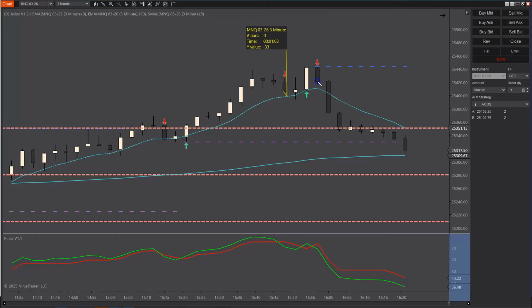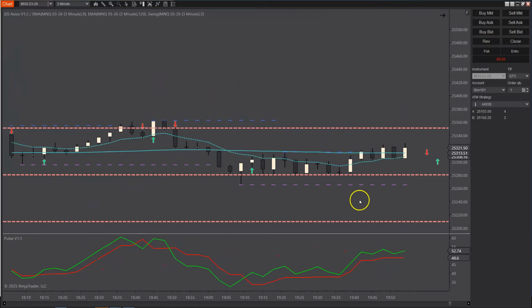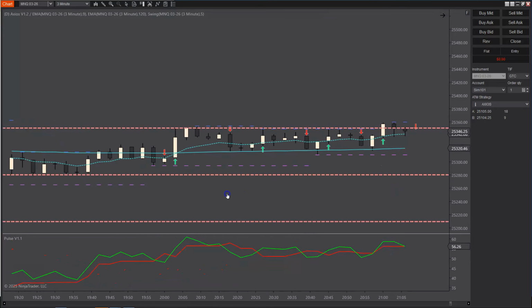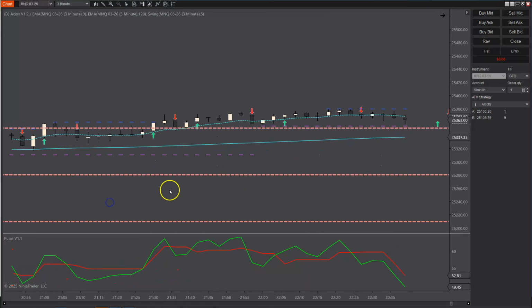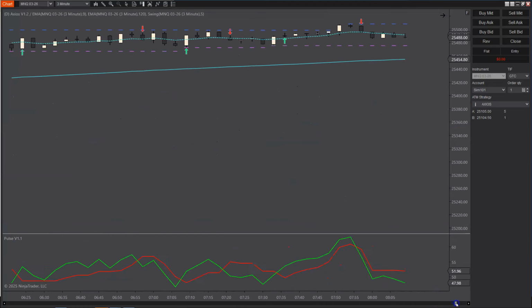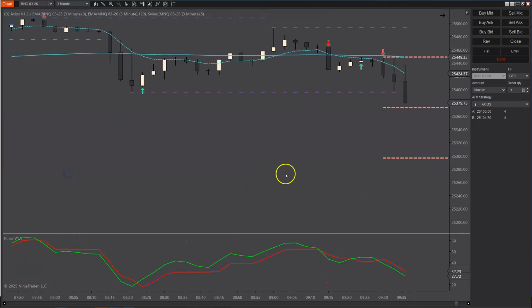This one, right on the verge of me wanting to take it, 41 ticks. See what I mean? They're kind of hard to find, especially in aftermarket. I don't even know if there was any on this day.